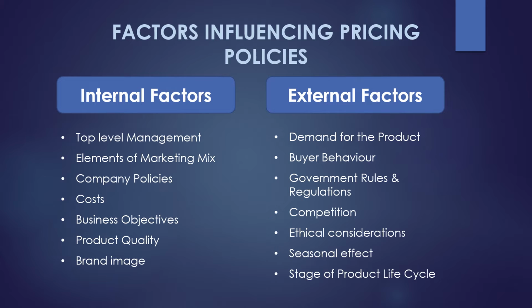So all these are costs. They are totaled up, and a fair margin of profit will be added to the total cost to make up the price. So that is why the total cost incurred by the company to produce every unit of a product influences pricing.